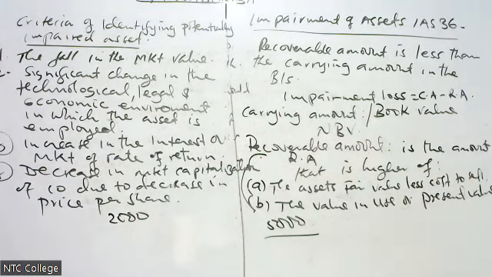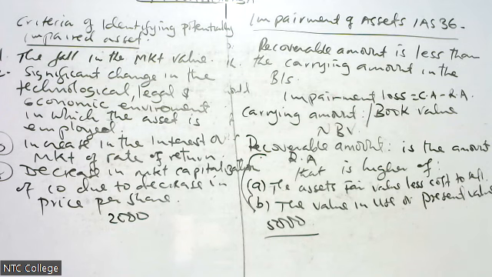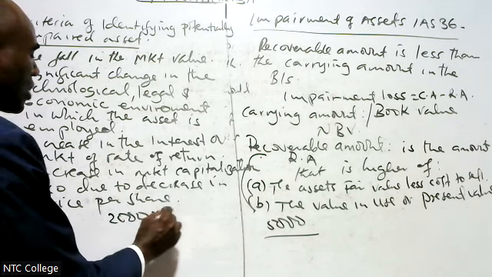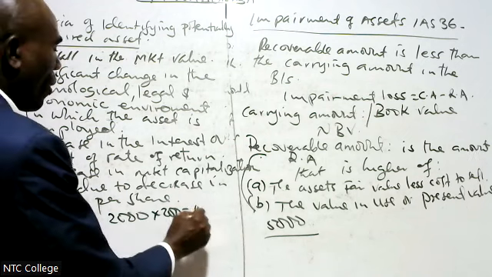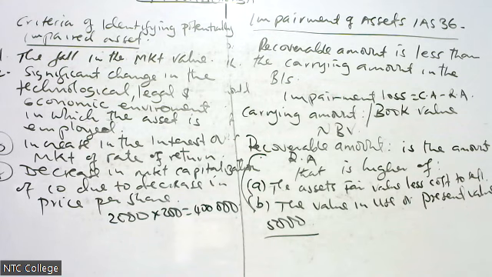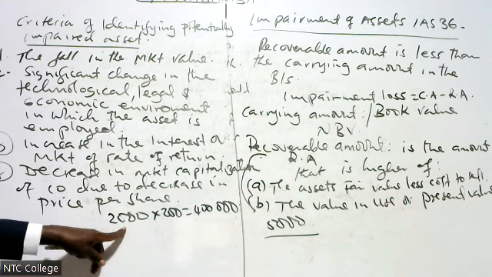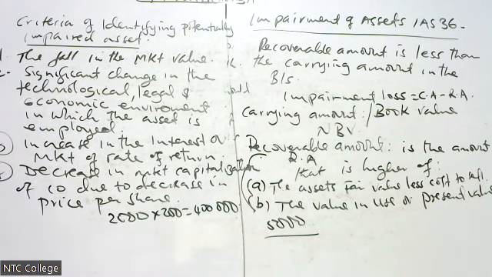To get the market capitalization, you take the number of shares times the price per share. Let me say the price per share is 200. Therefore, my market capitalization is 400,000.